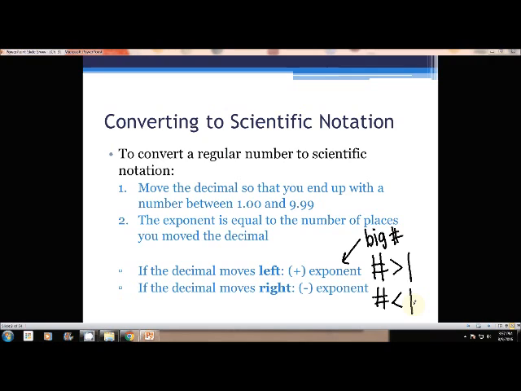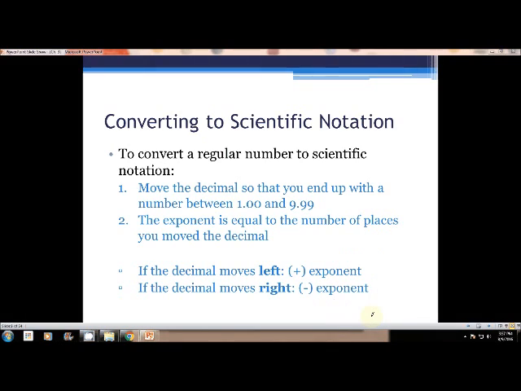So this one is going to be a decimal number. So positive came from a number that was bigger than 10, and negative comes from a number that was less than 1. It was a decimal.